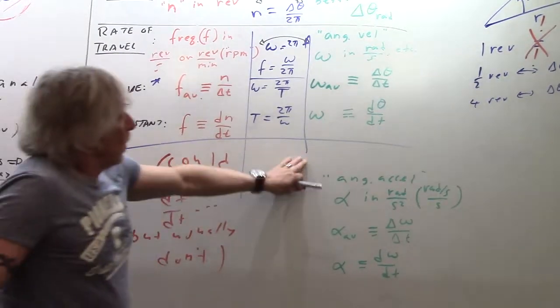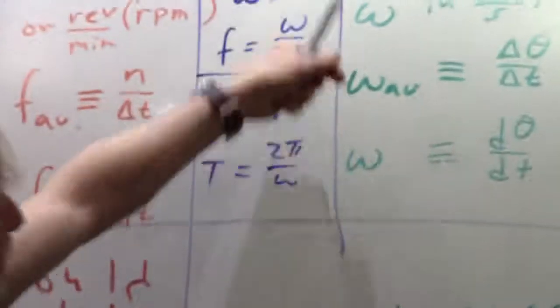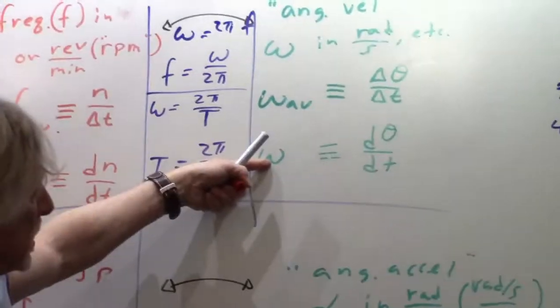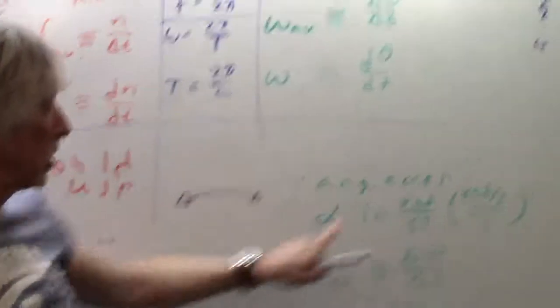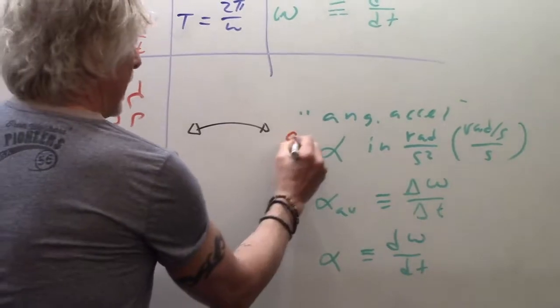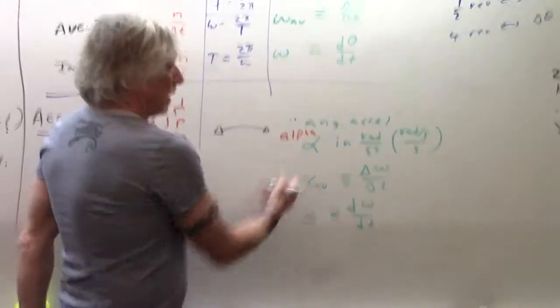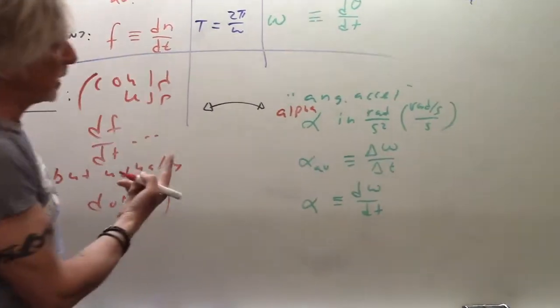So how do we do it? Well, good old kinematics. It's just the same as before. Omega changing, well, that would be angular acceleration, alpha. Again, that's alpha, in radians per second squared.